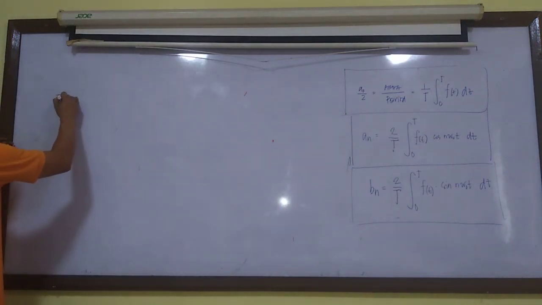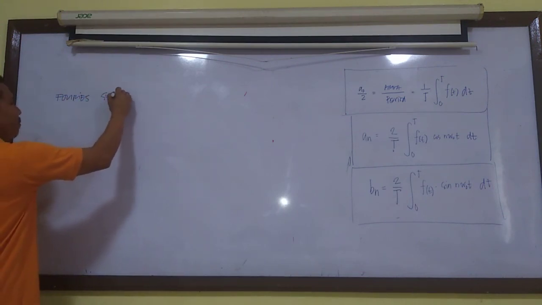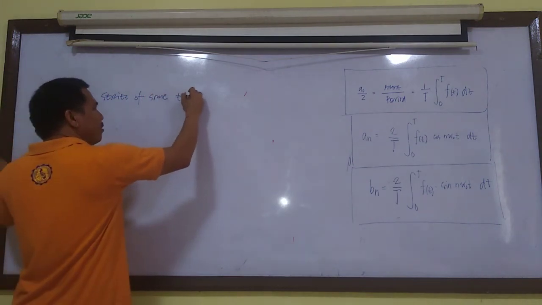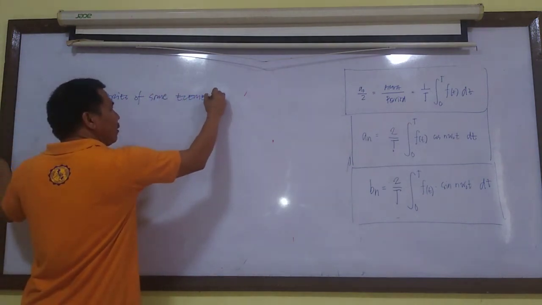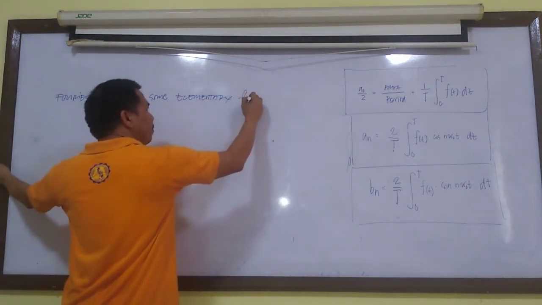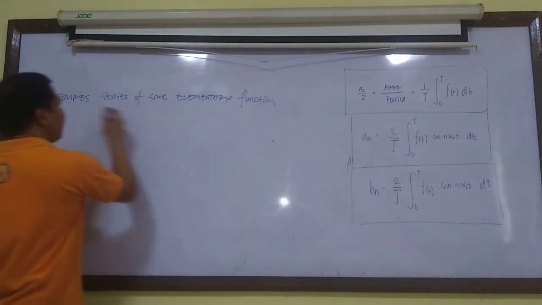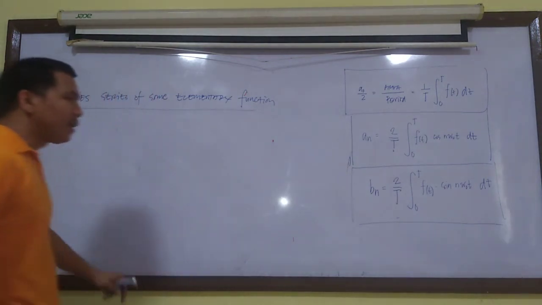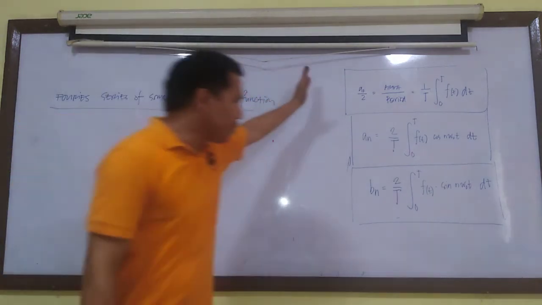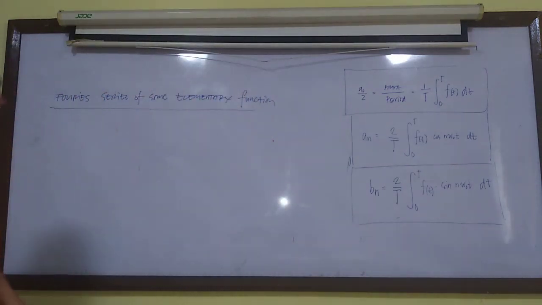Okay, this is your Fourier series of some elementary function. Let's start with your square wave, because a square wave is a function that can be easily solved using the Fourier series, using these equations, those formulas.